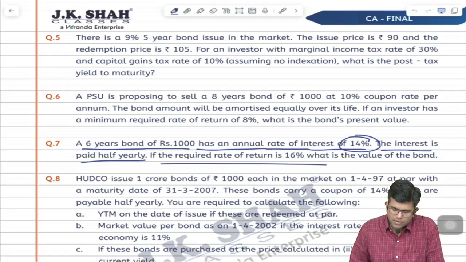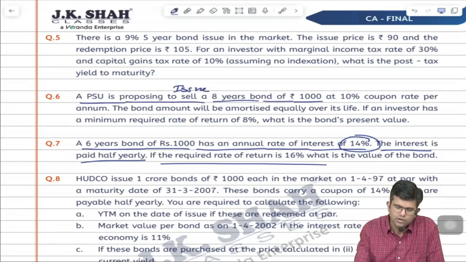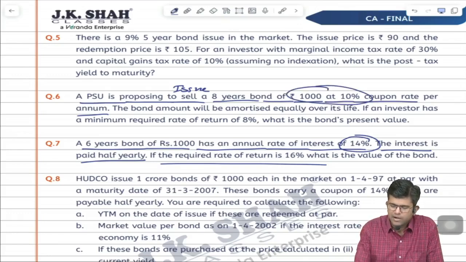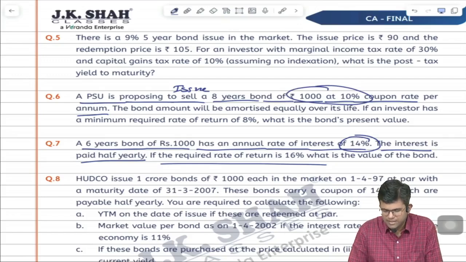Okay. So, a public sector unit is proposing to sell, meaning issue, an 8-year bond of 1000 rupees at 10% coupon per annum. So if you had read only this much, you would have thought it's a plain vanilla bond where you get 100 rupees interest every year for the next 8 years and 1000 at the end of the 8th year as redemption value.